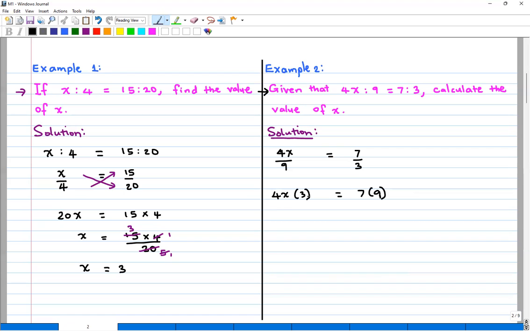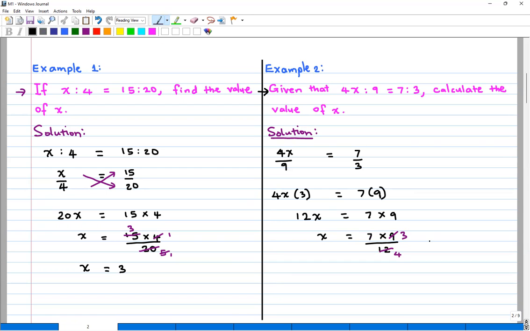Now, 4x times 3 will give us 12x, and this will be 7 times 9. Now, x will be 7 times 9 divided by 12. If we reduce 9 by 3, we get 3, and 12 by 3, we get 4.